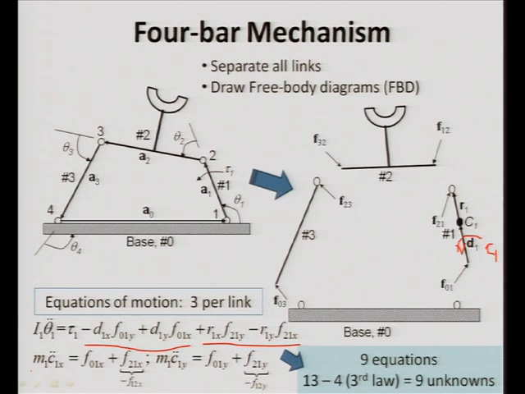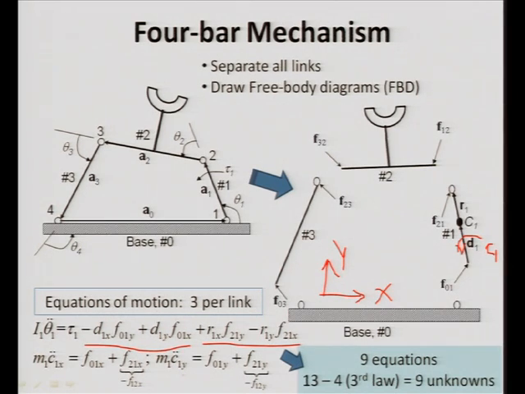What about the translational motion? That is Newton's second law, m 1 c 1 x double dot. Let us say x is in this direction and this is y. So, m 1 c 1 x double dot is equal to all the forces acting on it. What are the forces acting on it?